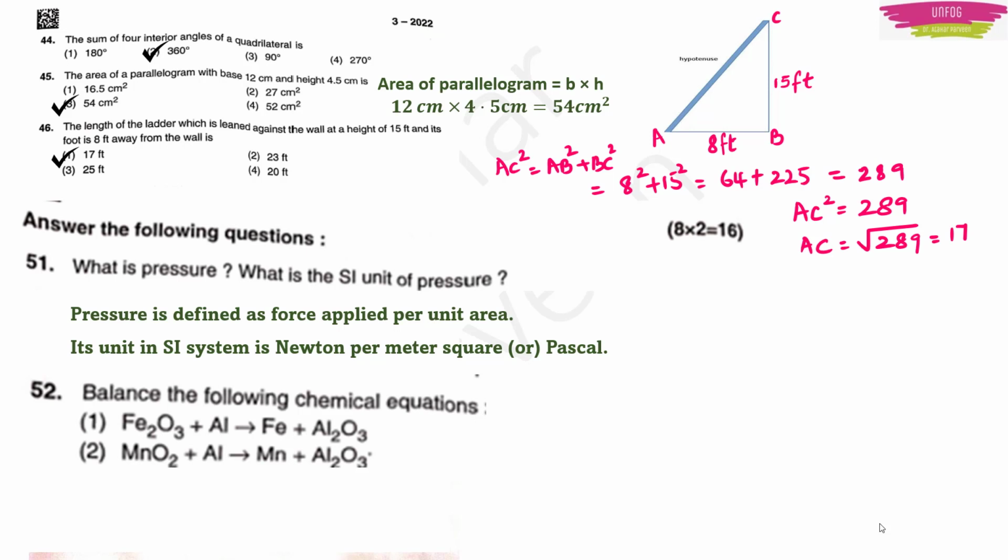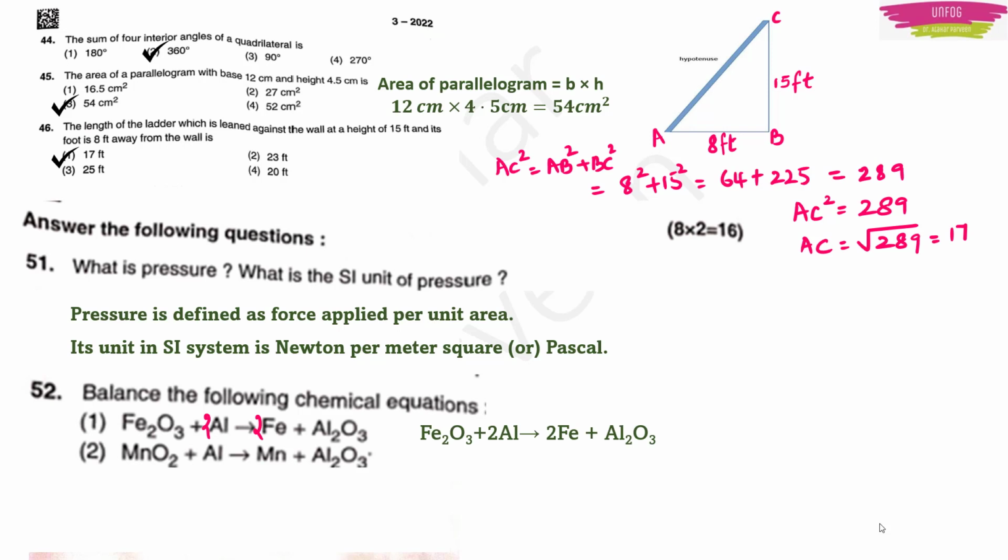So oxygen is balanced in this chemical equation. The product has 3 atoms of oxygen, and in reactants also there are only 3 atoms of oxygen. Next I'll move to aluminum. In product there are 2 atoms of aluminum, so I will make here 2 aluminum. Then if I see in reactants there are 2 atoms of iron. That's why in product also it should have 2, isn't it? Iron should be 2. So I'll make it like this. Thus your chemical equation is balanced. Rest all is balanced, you can see.